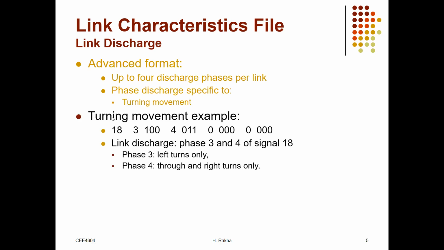so in order to activate this advanced format, if you recall in the link file, the first line is the title. The second line includes the number of entries that you have in your link file. So let's say I have 10 links in my link file, I'm going to have a 10 there. And then you have 5 scale factors, one for the length of the link, one for the free flow speed, the saturation flow rate, the speed at capacity, and the jam density.